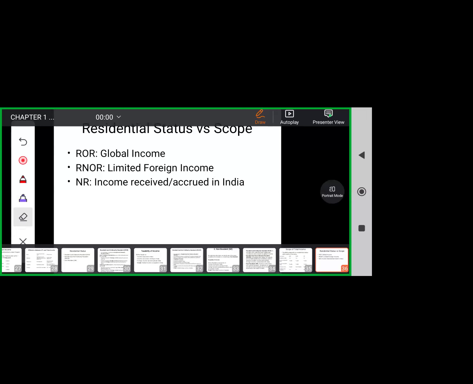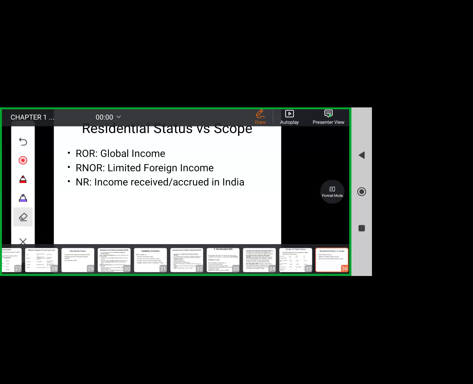If I have more than two houses, then it is compulsory that you consider the rest of the houses as deemed to be let out house property if they are not let out. And if they are let out, then calculation of gross annual value will be as per rule.